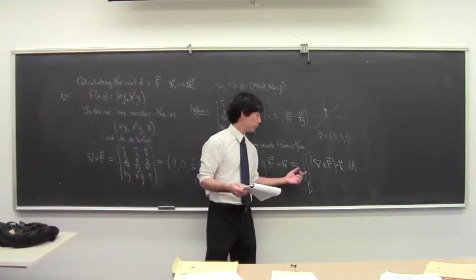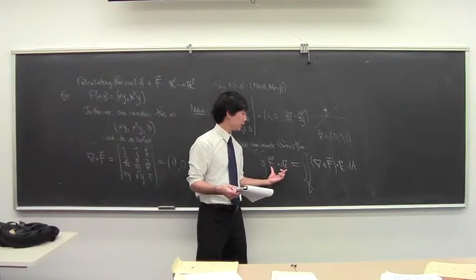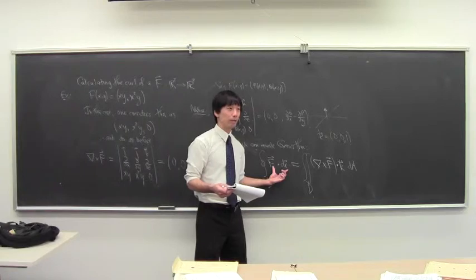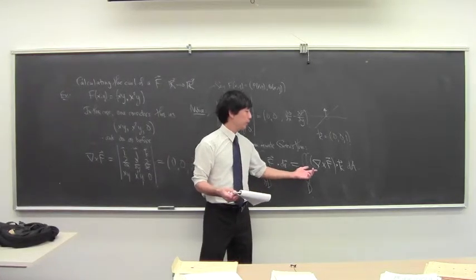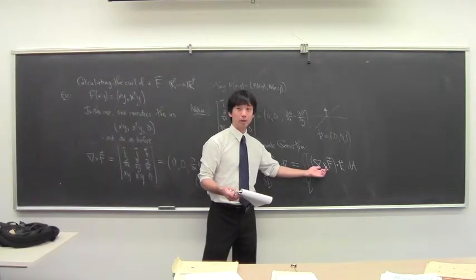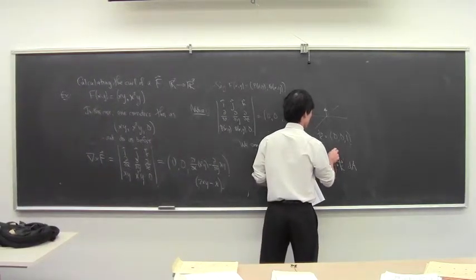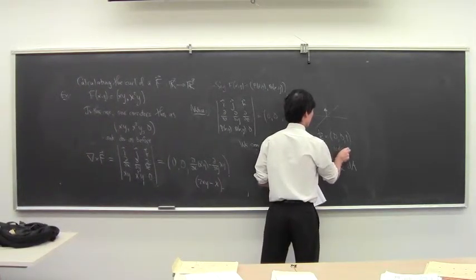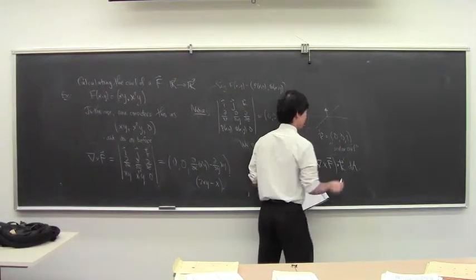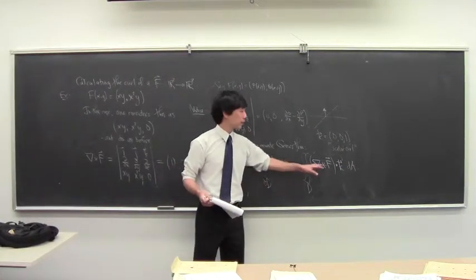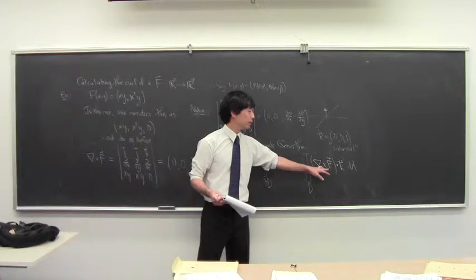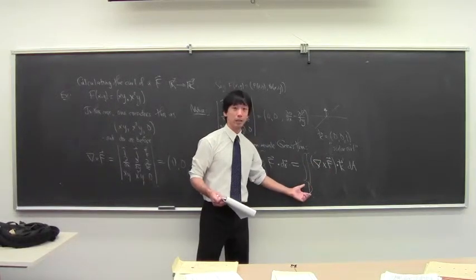So the circulation of the field around this loop is the same as the integral of part of the curl. This thing is called the scalar curl. It's the scalar curl of the field on the interior.